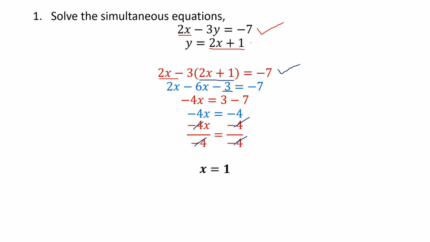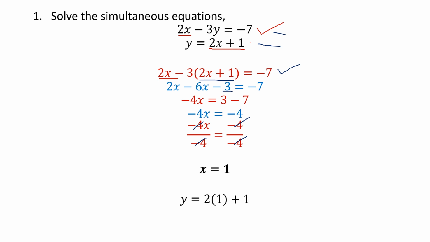Right, now that we have the value of x, we can substitute this value of x into any of the original equations. We have these two original equations. Since y is the subject of the formula in equation 2, I can now take x into equation 2. So it will be 2 times 1, since x is equal to 1.